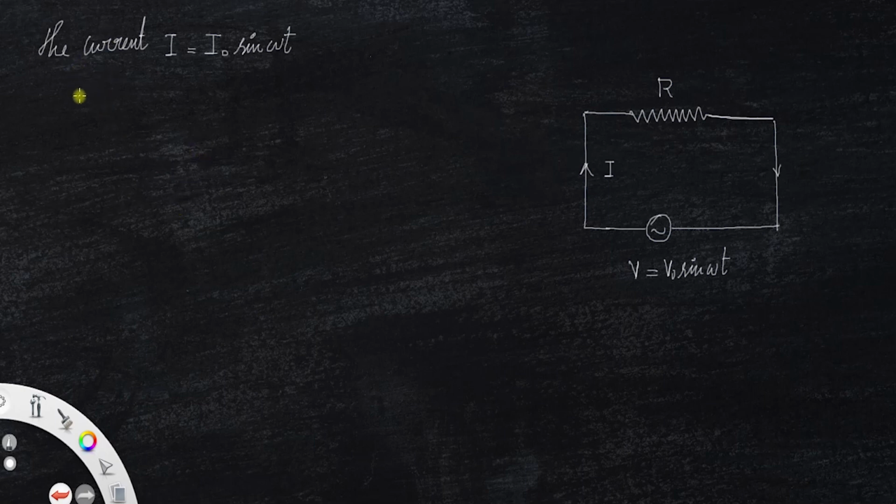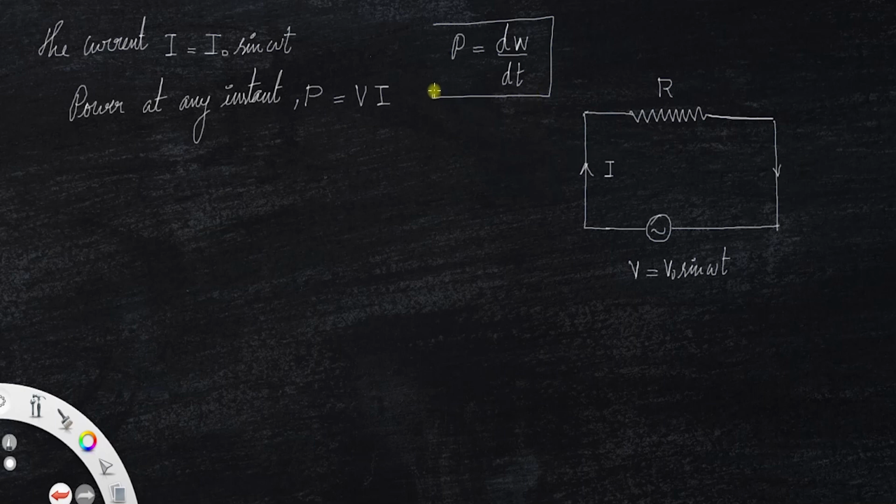So we have the power at any instant, let's represent that as P, which is equal to voltage into current. Also, you know power is equal to the rate of work done, dW by dt.